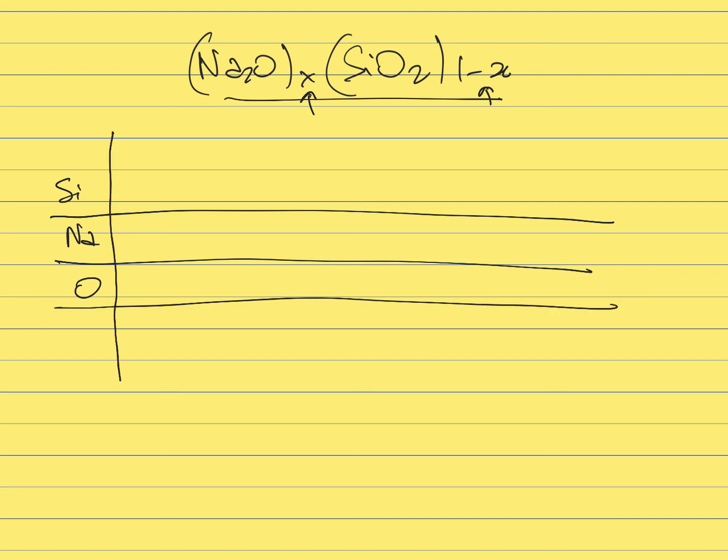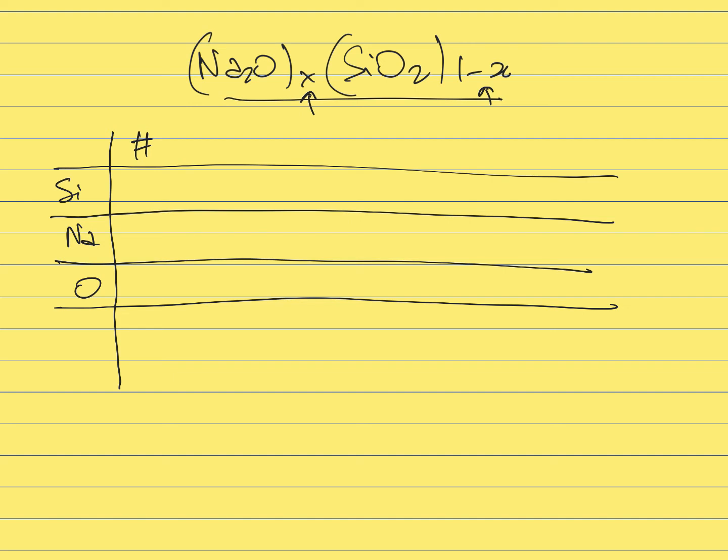Let's see how many atoms we have. The first step is the stoichiometry. The difference is that in the previous glasses, the stoichiometry was fixed. You had 1 silicon, 2 oxygen in silica, 2 boron, 3 oxygen in B2O3, etc. This is going to be different now because the stoichiometry depends on X, so the number of atoms will depend on X.